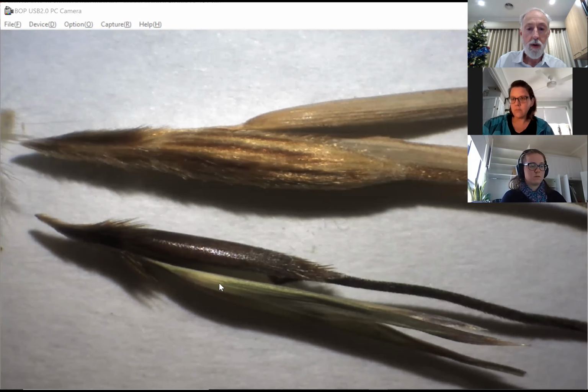Down on the kangaroo grass, Themida triandra, the male spikelets are green at this stage. I don't think this would be right, but it fell out of the plant anyway. And there are 2 of those, and again, they're attached to little stalks.